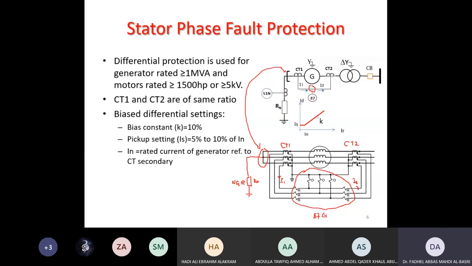I'll compare these two when there is a ground fault, a single phase to ground fault.